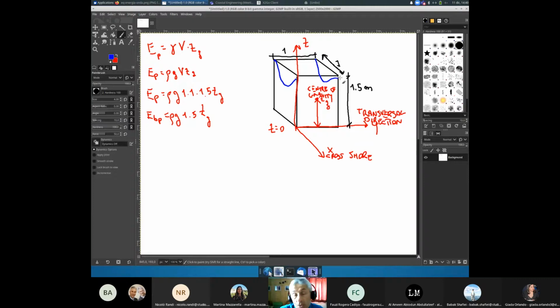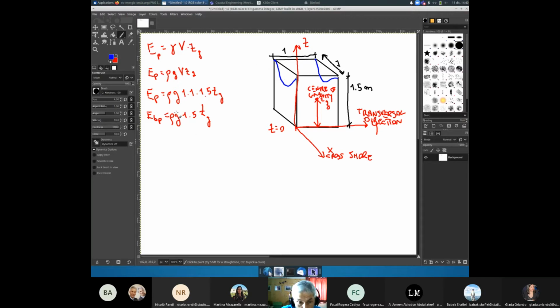And what we need to do in this case is then to pass to an integration, because keep in mind that in this configuration, the blue line, the height that was fixed in the previous situation, 1.5 meters, now is varying.